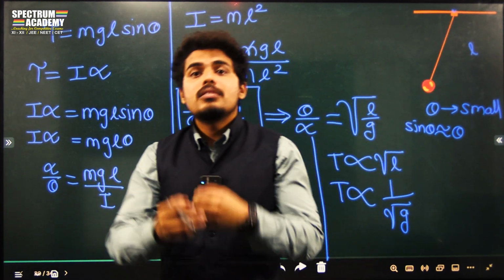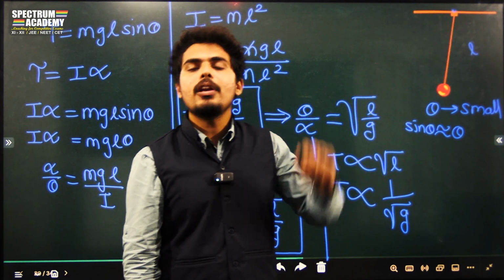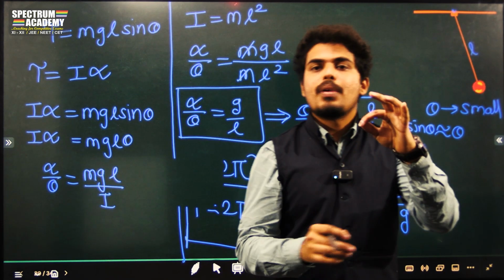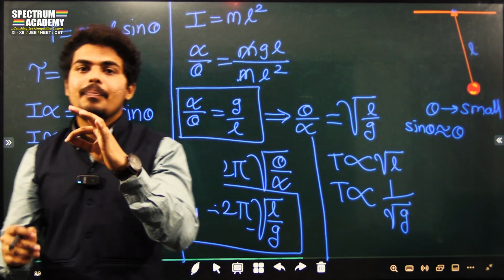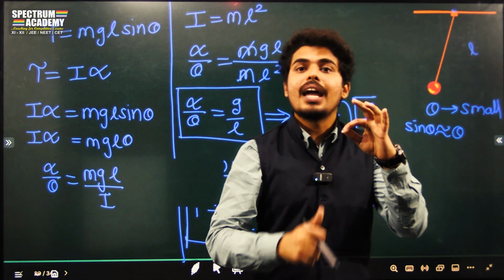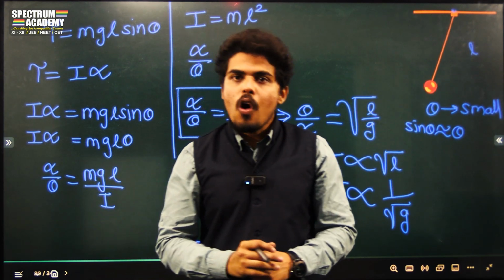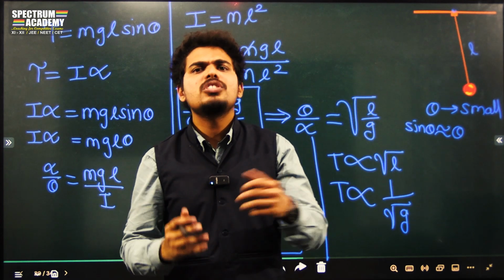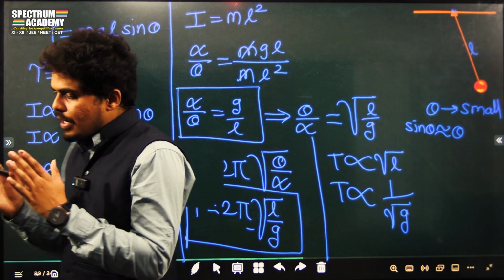Then we have seen one practical example of angular SHM, that means our simple pendulum. The motion of the simple pendulum is angular motion, so there must be some torque due to two forces. The first one is the tangential force and the second one is the centripetal force. The centripetal force is T minus mg cos θ and the tangential force is mg sin θ.